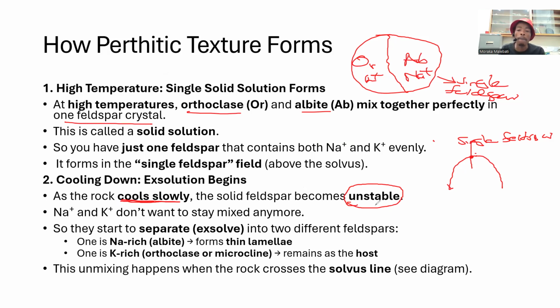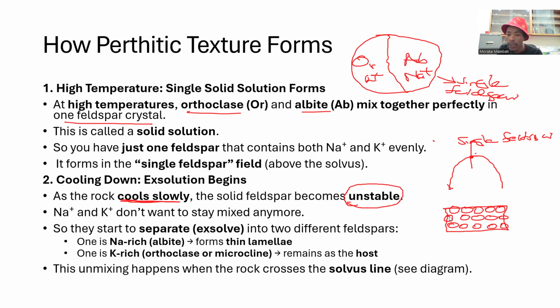Remember it's unstable. If you think of an atom, and we have the arrangement of atoms within a unit cell, for example, let's just say this is our unit cell and these are our atoms.